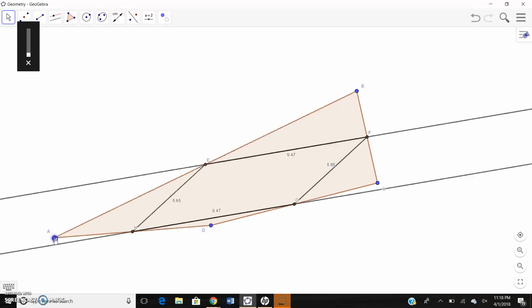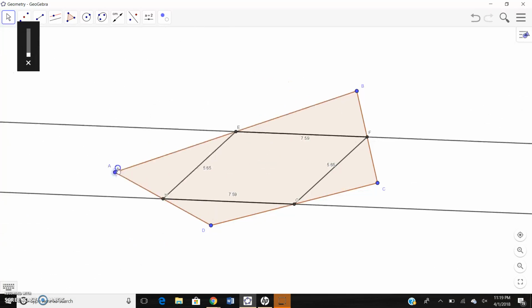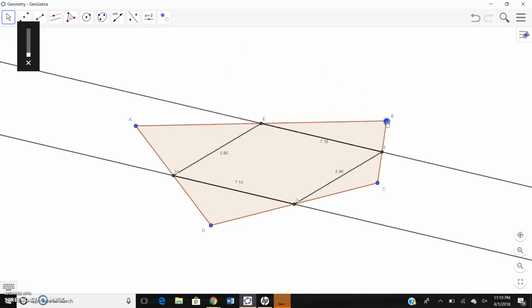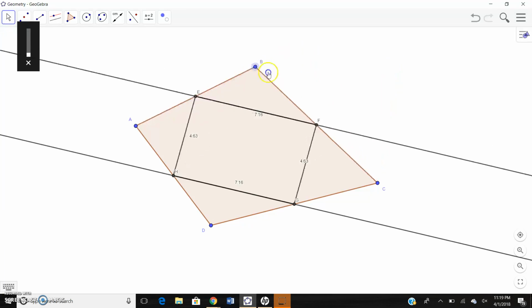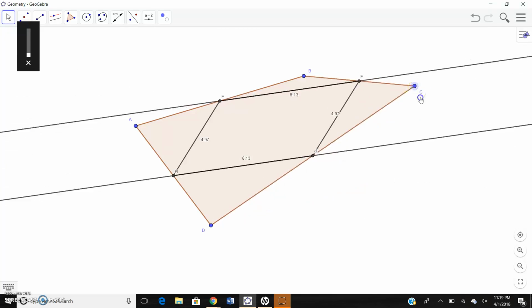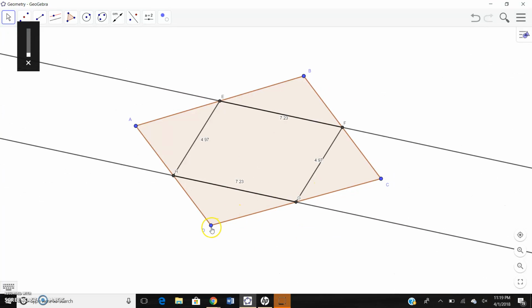And again, these sides, no matter how I move A, B, C, and D, are always parallel, but they always pass through the two points that make up the segments for the two opposite sides of our quadrilateral. And so our second pair of sides is also parallel. So we have a quadrilateral with two pairs of parallel sides, which makes it a parallelogram.